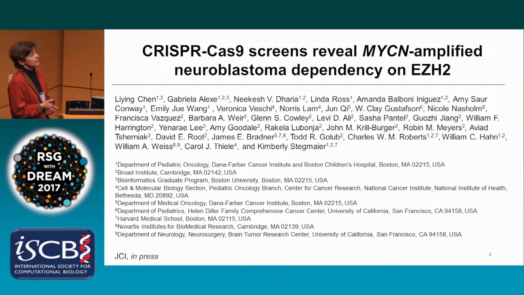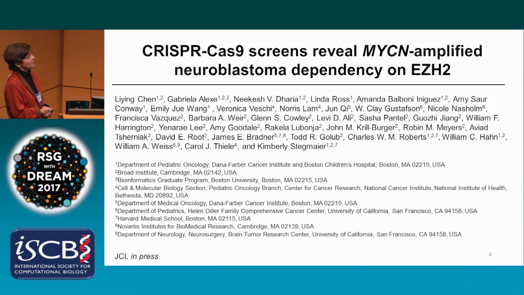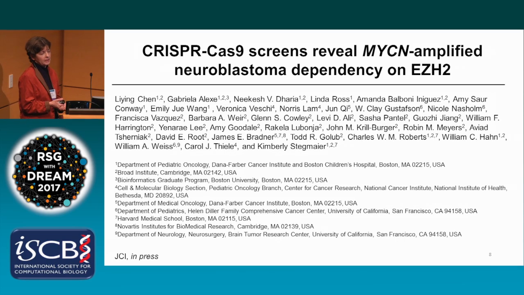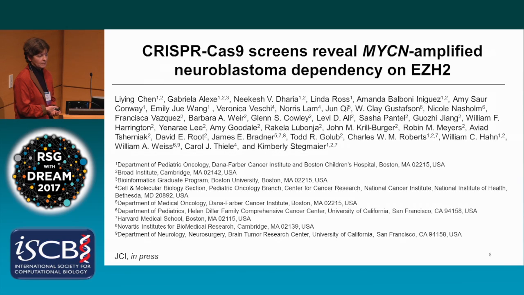So the major study I wanted to discuss is about using the CRISPR Cas9 screening for revealing new dependencies in MYCN-amplified neuroblastoma.